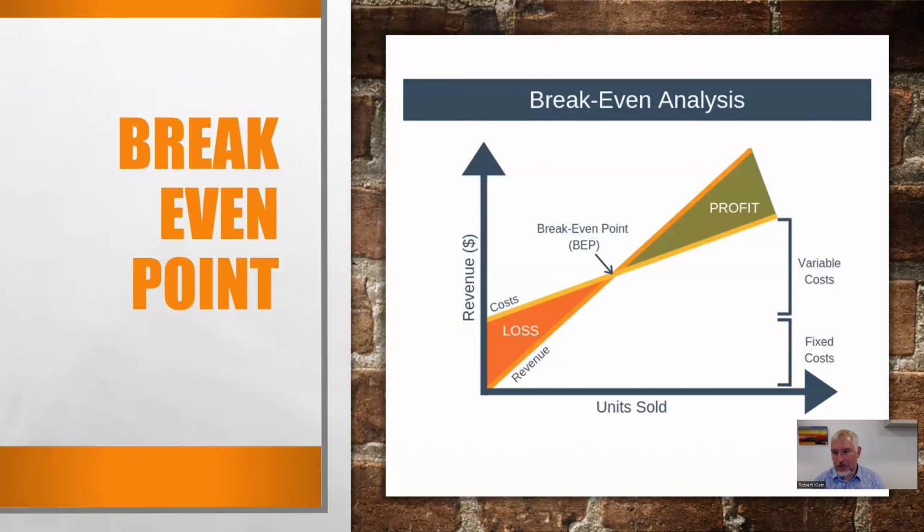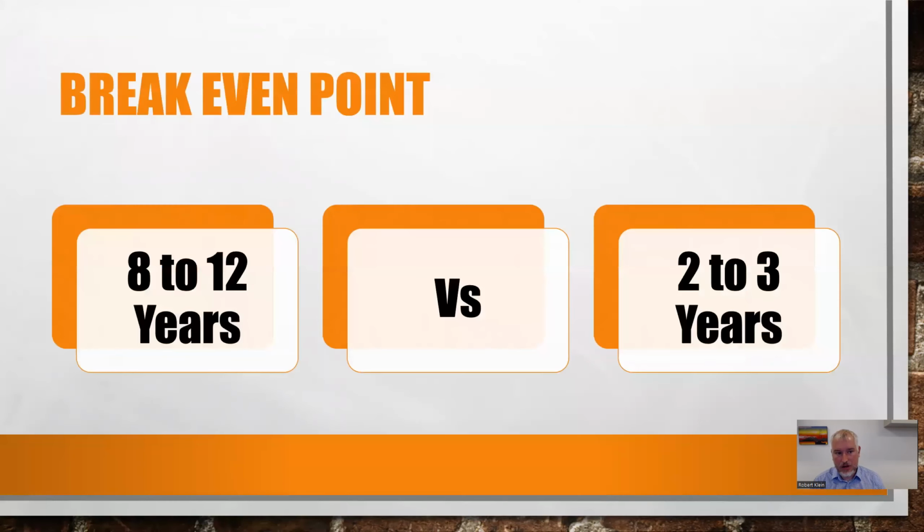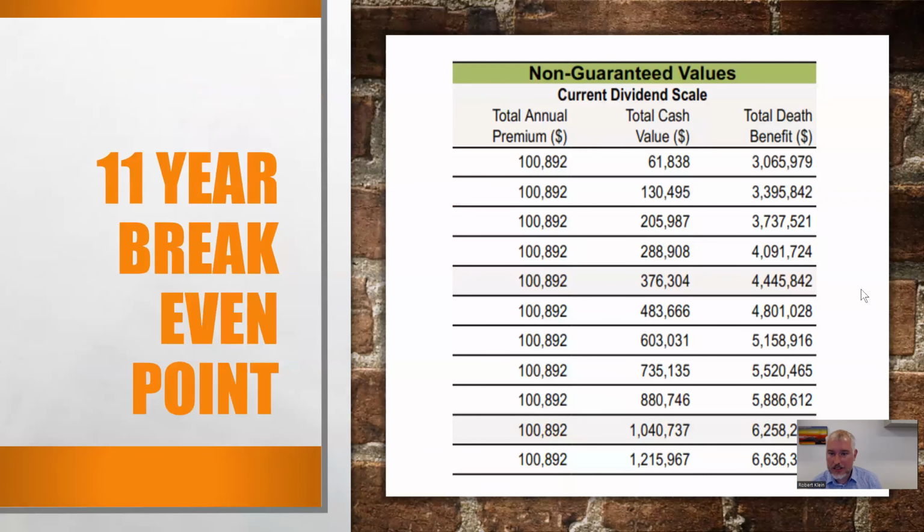How about break-even point? Well, the average break-even point for a non-optimized contract is anywhere from 8 to 12 years versus 2 to 3 years in an optimized contract. So here's an example. Here's $100,000 going in, total cash value of $60,000, and then putting this money in around year 11 of putting this money in, the break-even point occurs for the money that you deposit into the contract.